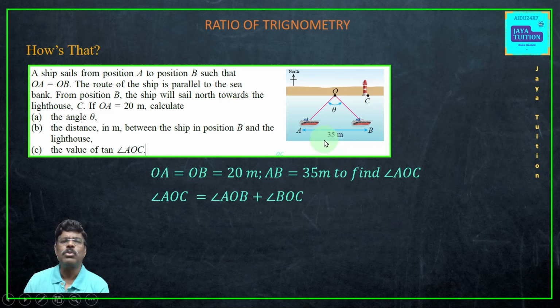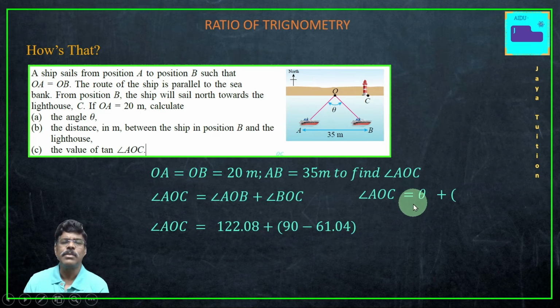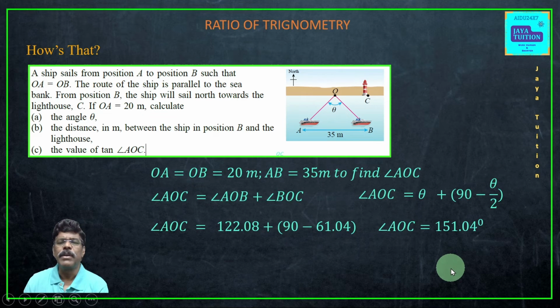Angle AOC is equal to angle AOB plus angle BOC. And angle AOB, which you found out earlier, is 122.08 degrees. And this angle is equal to 90 minus 61.04. That gives the value 151.04 degrees.